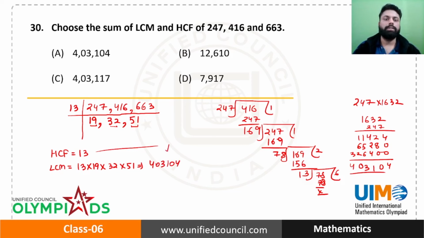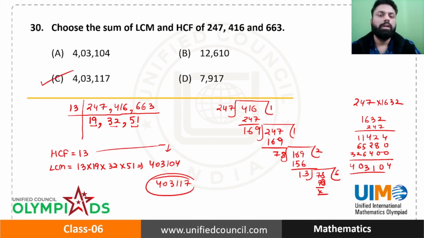If we find the sum of these two, this is 403117. C option is the correct answer.